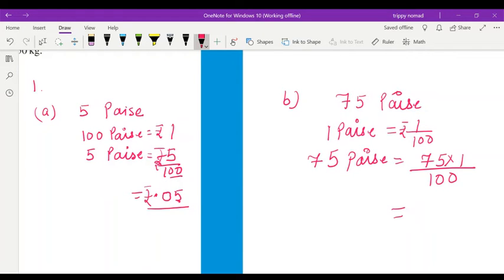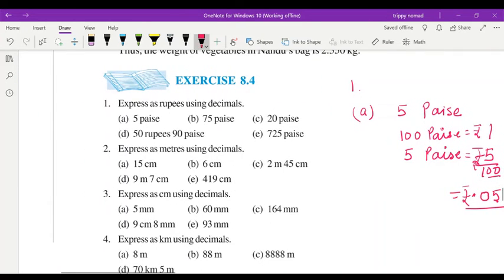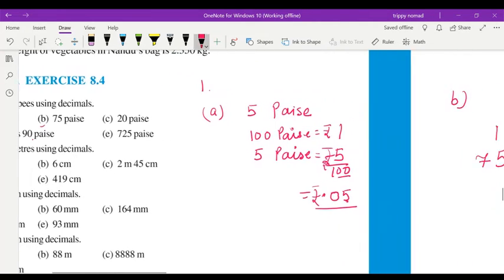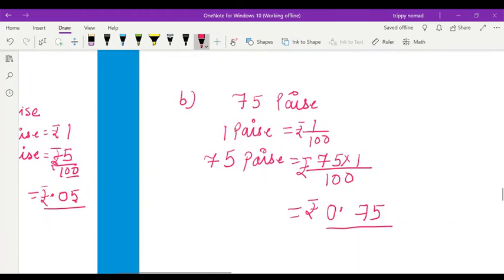So this will become rupees, and in rupees there are 2 digits after the point, 75. So how many rupees? This will come. So this one also you understood. And here very simple, 50.90, and here 7.25.